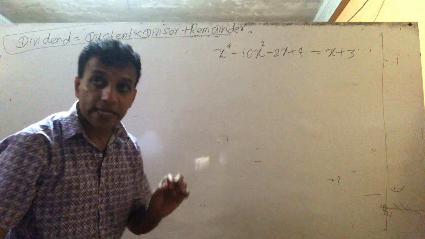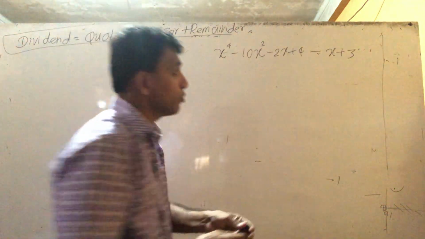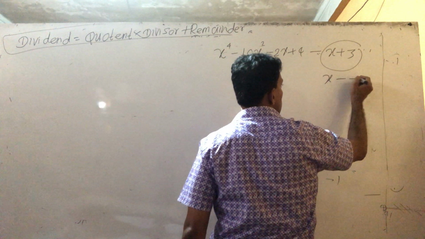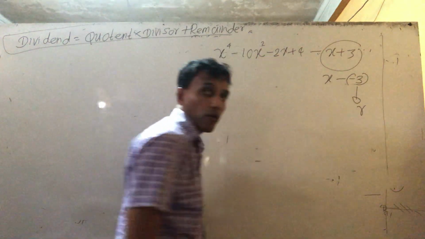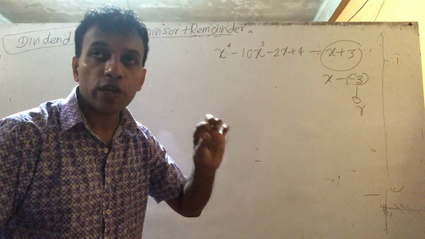So when doing the synthetic method, the divisor should be x minus r. Therefore, this can be shown as x minus 3, so r is minus 3, right? This is a power 4 polynomial.